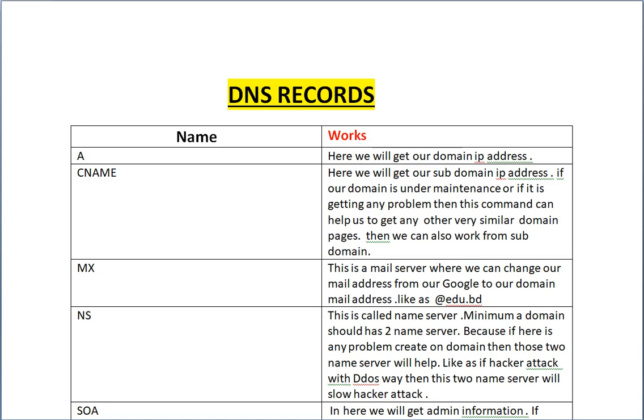So if we type on our browser 8.8.8.8, that is our Google default IP address. 4.4.4.4 or 8.8.8.8, those two are very easy to remember in our head.